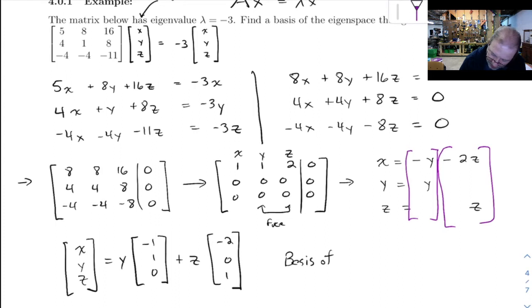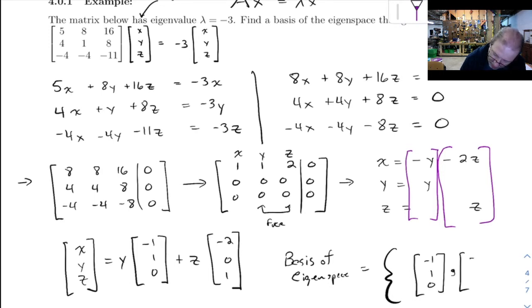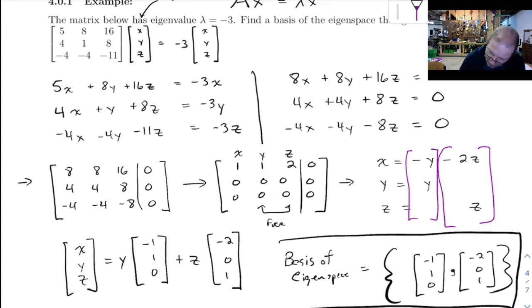So the basis of the eigenspace is those two vectors right there.